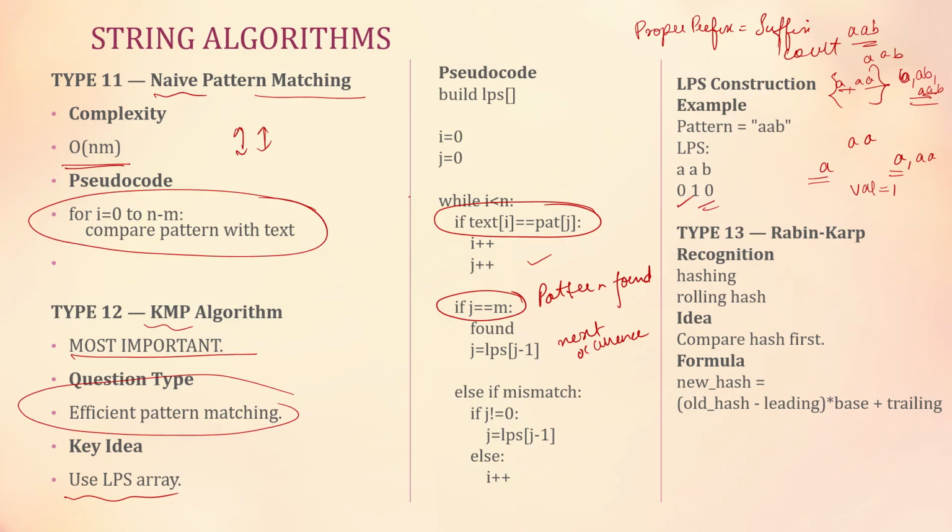And if there is a mismatch, then you don't reset i. You just move your j back to LPS of j minus 1. This part is very important. And you simply go to i plus plus.